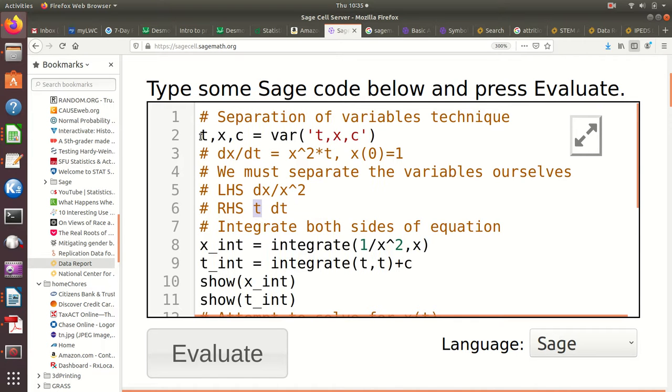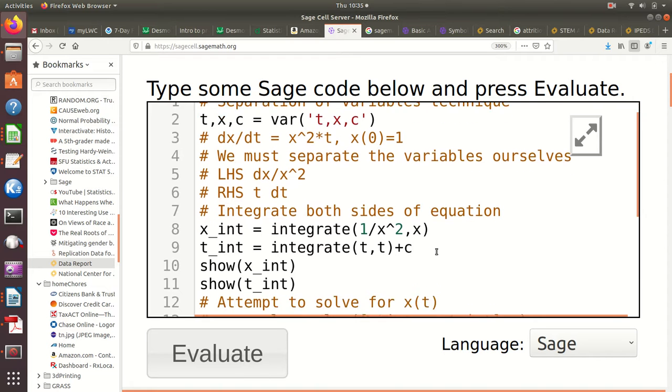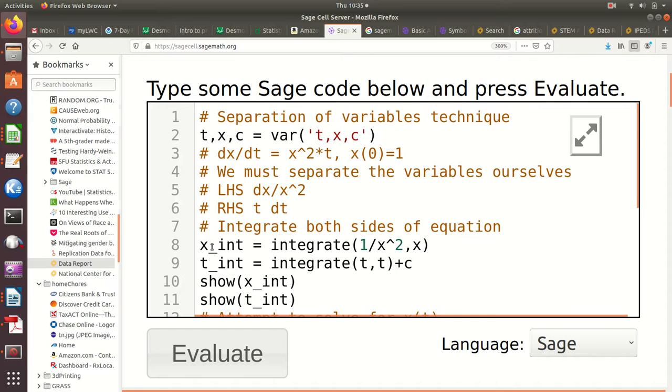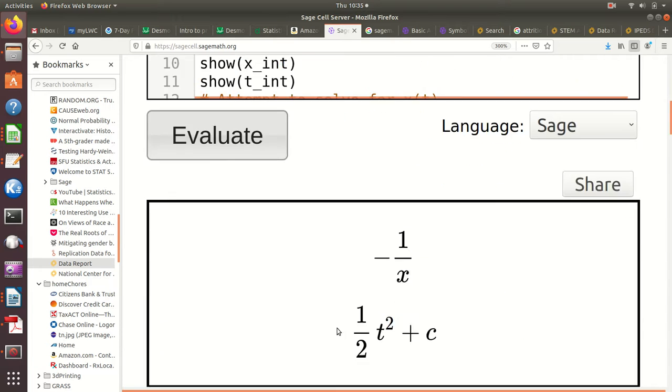So up here I'm using variables x, t, and c, and here's my arbitrary constant, plus c. And then I assign those to x int and t int, and then I show what those are. So let's do that. That's what I would do first.